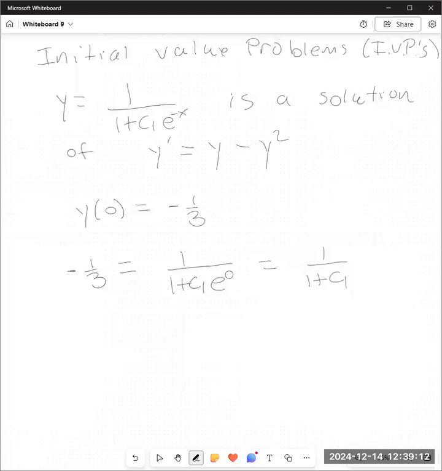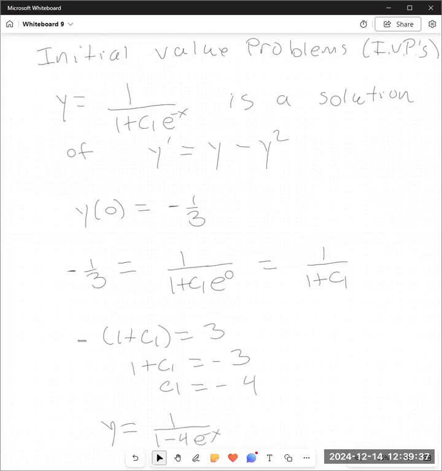So when I cross multiply here, negative 1 plus c1 is equal to 3. 1 plus c1 is equal to negative 3. c1 is equal to negative 4. So then I can come back here and say my y needs to be equal to 1 over 1 minus 4 e to the negative x.